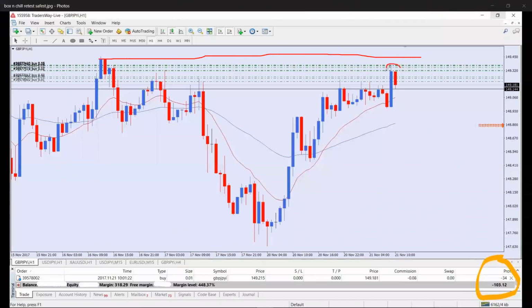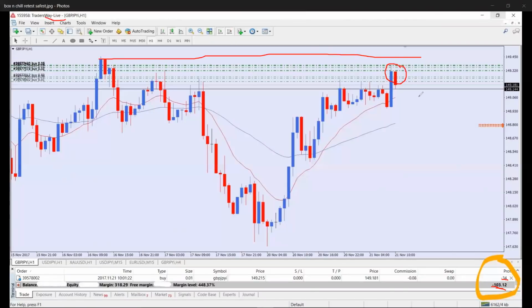You never take buys at a supply zone unless it has broken the zone. And so I took the buys here, and then the price rejected it immediately. I was so mad at myself. And these are just like 30 pips, 3 pips, 4 pips, and I was already down $100. And this is a live account, by the way.